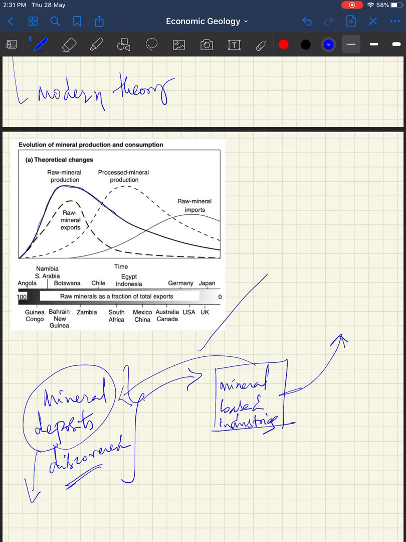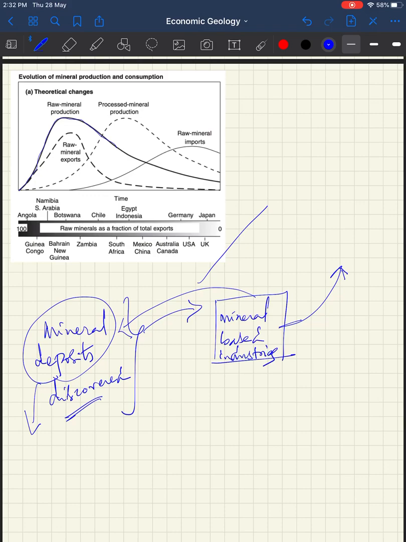The peaks of each curve correspond with the countries given below. Countries that are least developed are on the left hand side, as I was telling, while the countries that are more developed are on the right hand side. It is depicted that the least developed countries depend on their raw mineral production and exports for the sustenance of their economy, while the more developed countries' economy is controlled by exports of manufactured mineral products.